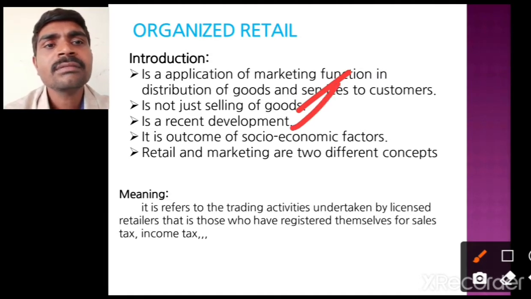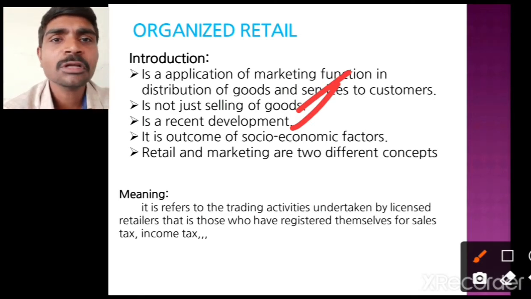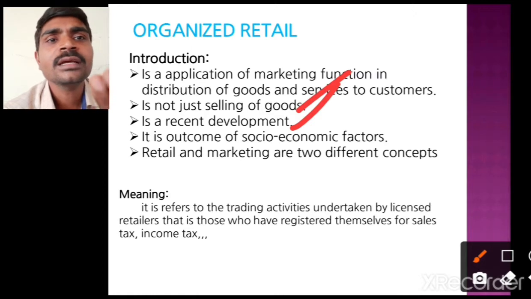The third point is that it is a recent development. Nowadays, as per the people's culture and norms, everything is changing, because humans are not static. As per human wants, needs and demands, again I come to the marketing aspects, because as you know already, retail management is a continuous aspect of marketing management.